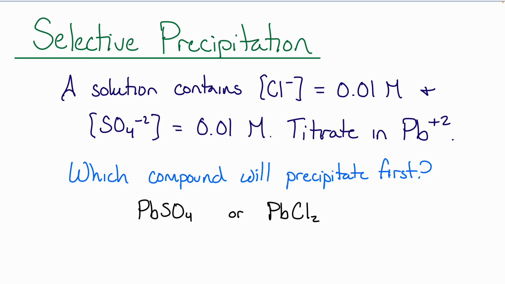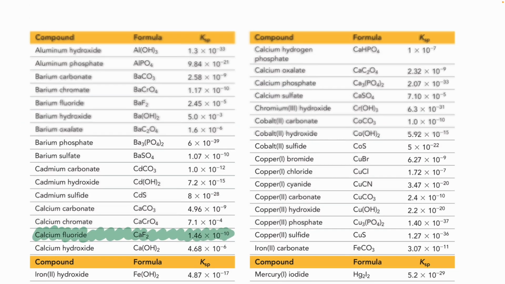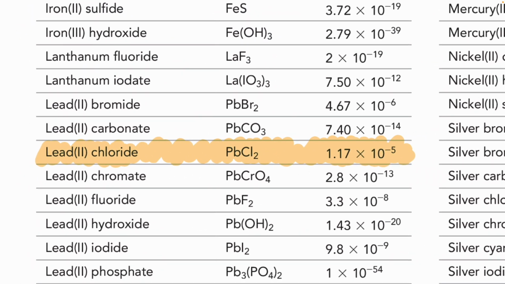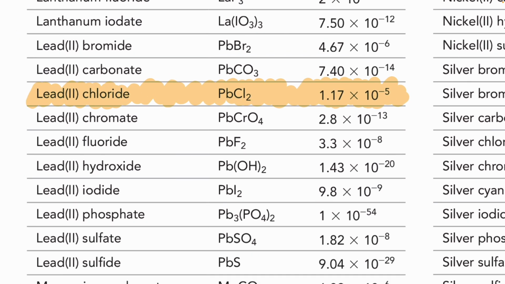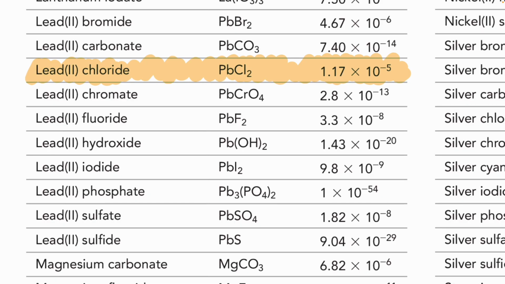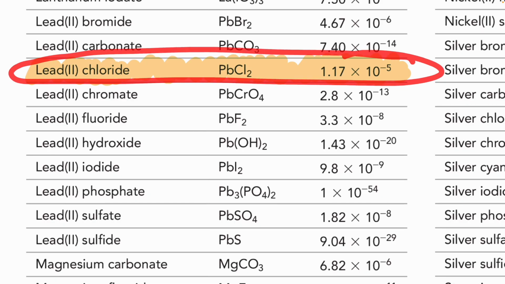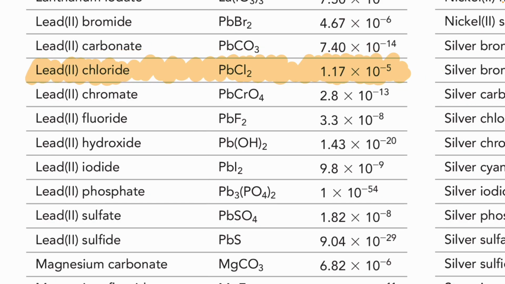So we're going to go to our table here. We're going to find lead sulfate and lead chloride. We had done lead chloride before, so we got that one. And we got lead sulfate here. So let's make note of these values.